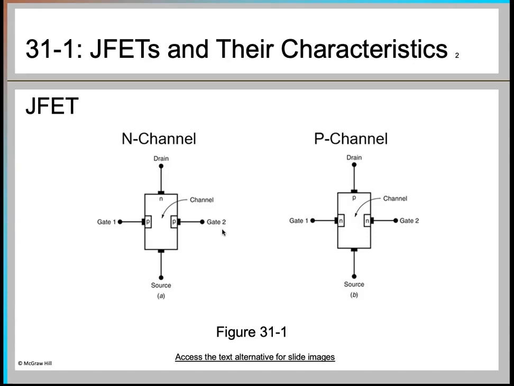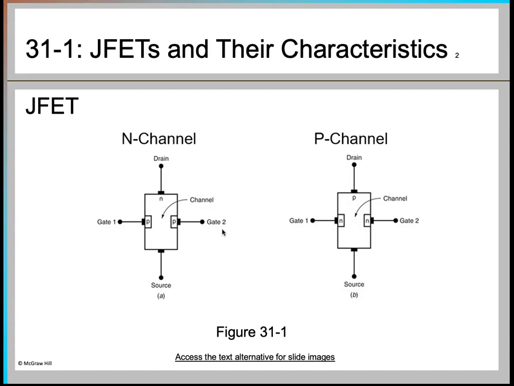And since BJT is a bipolar device, it is dependent upon both types of carriers, your electrons as well as your holes, whereas in FETs it depends either on holes or on electrons. So that was a brief comparison between the BJT and the JFETs.